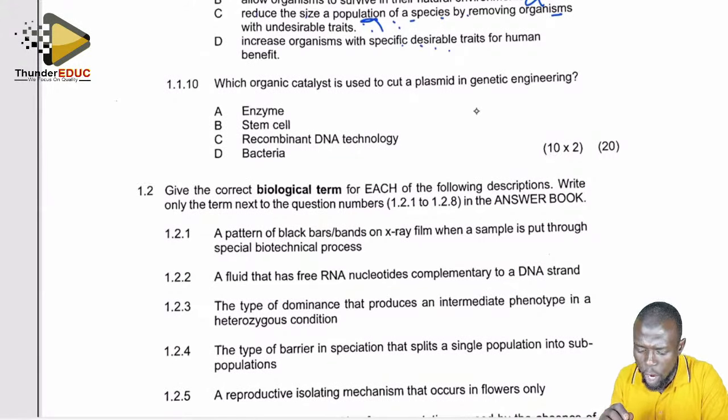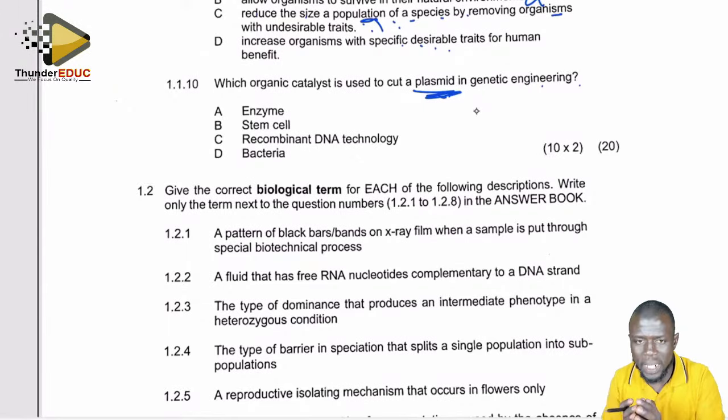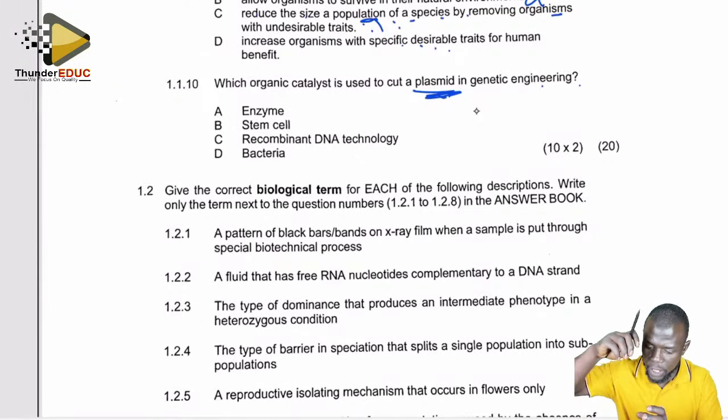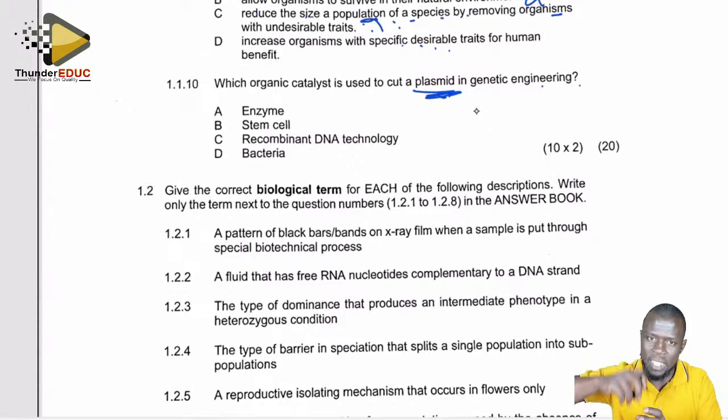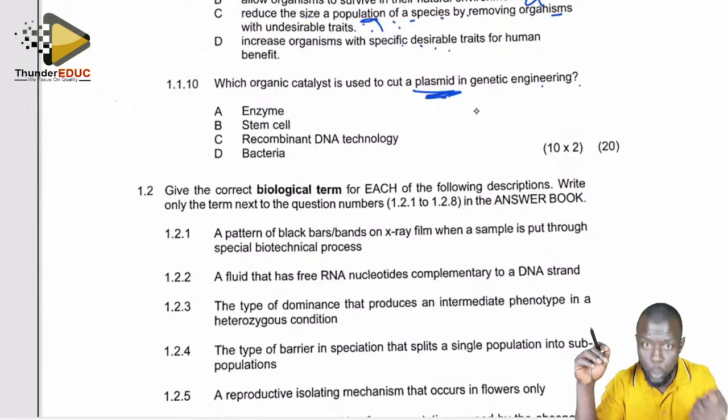1.1.10. Which organic catalyst is used to cut the plasmid in genetic engineering? Remember, a plasmid is found in bacteria. This plasmid is the one where the enzymes are used. We call them restriction enzymes.